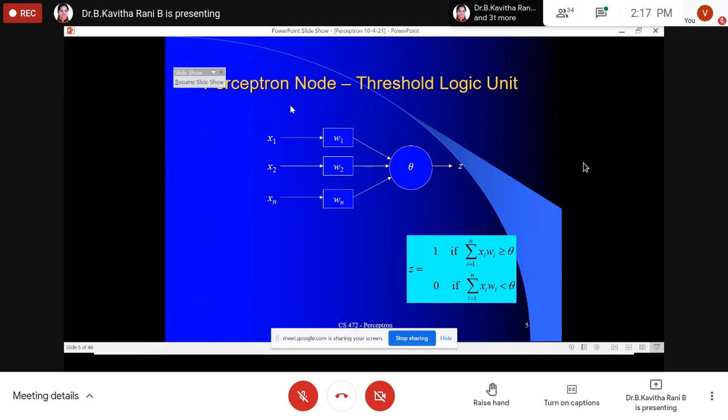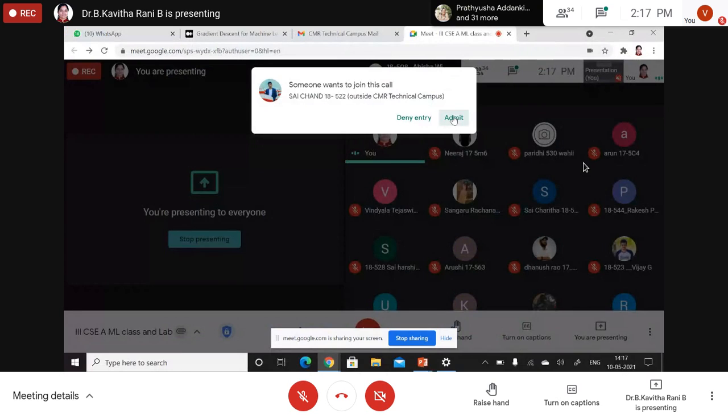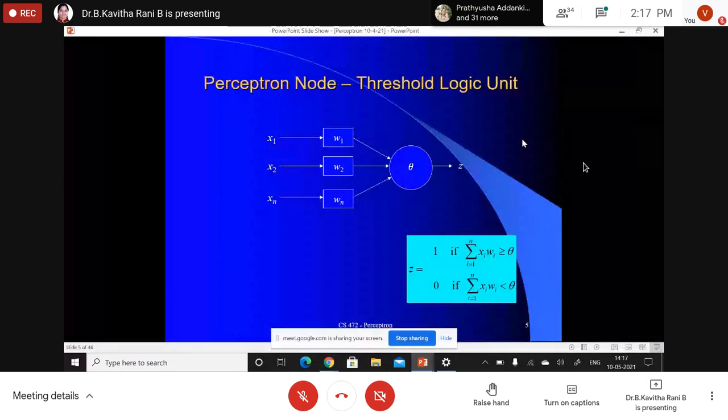So here this is the perceptron node, the threshold logic unit. x1, x2, up to xn are different types of neurons, or nodes, which we will be using as the input values. Whatever the data set we have, those are given as the input, as x1, x2, and so on.